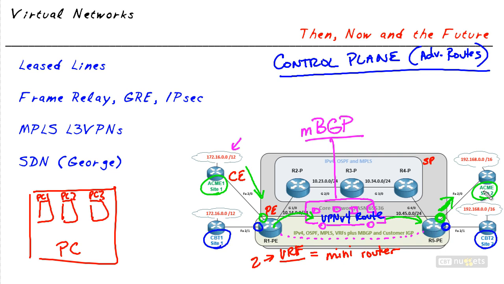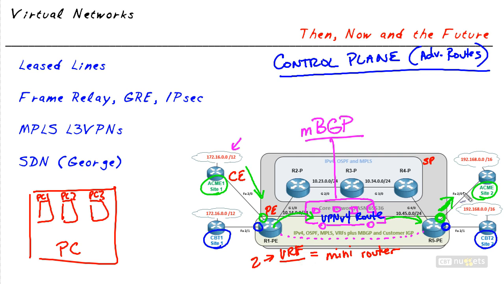We're only going to deliver it to the appropriate site. In this example, it would be Acme at Site 2. And that, my friend, is what makes the P the private portion of an MPLS Layer 3 VPN. We aren't doing any encryption on this traffic inside of our service provider network. So we're not talking about IPsec. We're just simply talking about keeping Acme's routes separate and private from our other customers' routes.